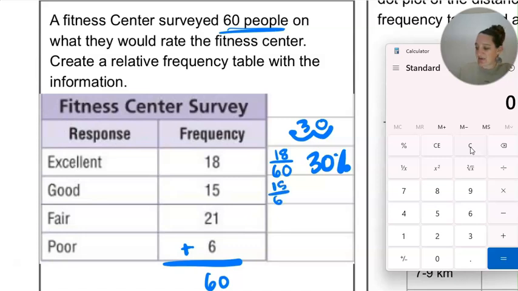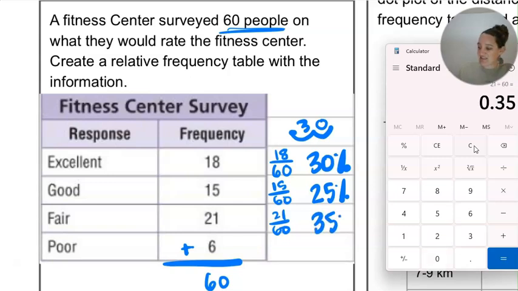15 out of 60 people think it's good, which ends up being 25% of the people think it's a good fitness center. 21 out of 60 said it's fair. 21 out of 60 is 35%. And 6 people said it's a poor place to work out.